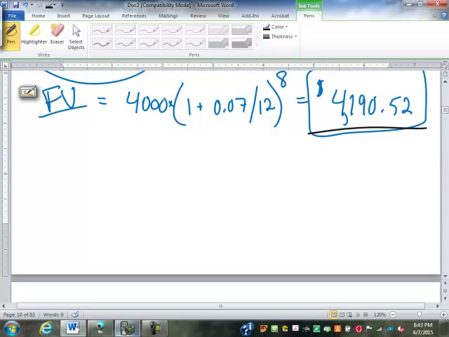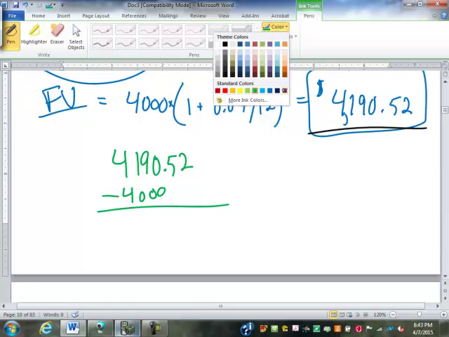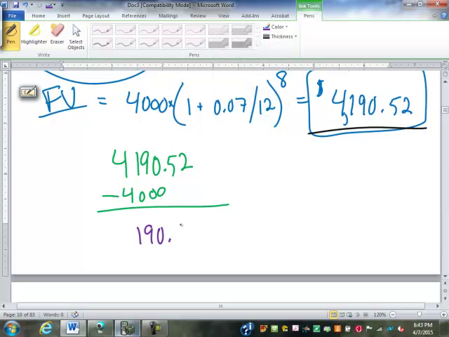So then we find the amount of interest. So 4190.52 minus our $4,000 principal gives us $190.52 in interest.